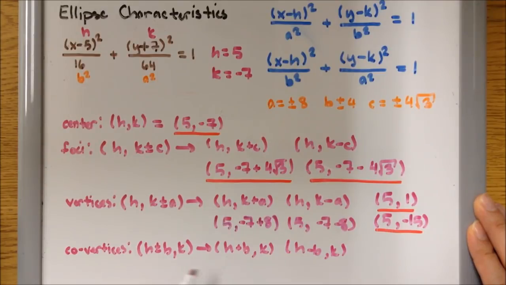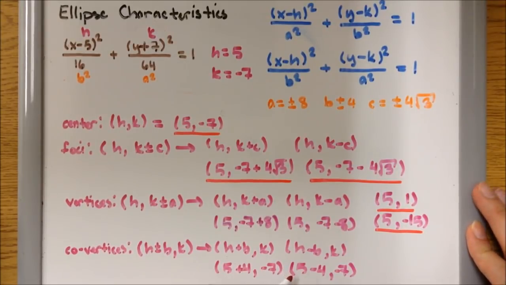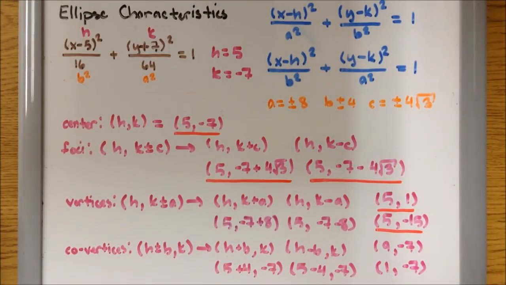So I'm going to plug in the values. 5 plus 4, comma, negative 7, and then 5 minus 4, comma, negative 7. So our 2 co-vertices will be 9, comma, negative 7, and then 1, comma, negative 7. So those will be our 2 co-vertex points.